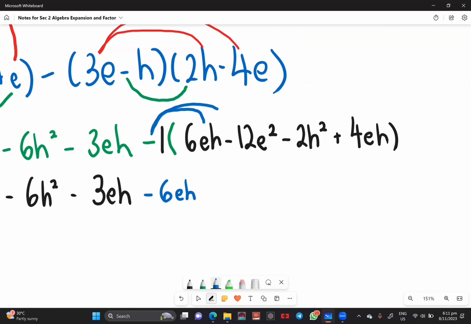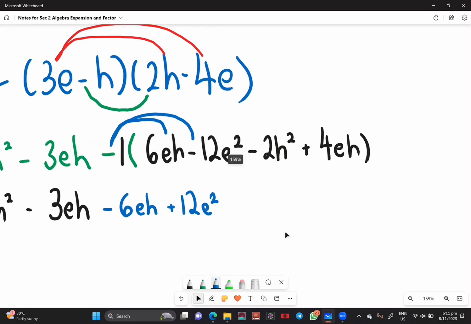I draw my rainbow. You see, where did my rainbow land? My rainbow land on the negative side. I want to remind myself again and again that it is negative 12e squared that I am multiplying. So when negative and negative, isn't that becomes positive 12e squared? Okay, so once this is done, I'm going to do the next part. So I'm just going to draw all the way until here.